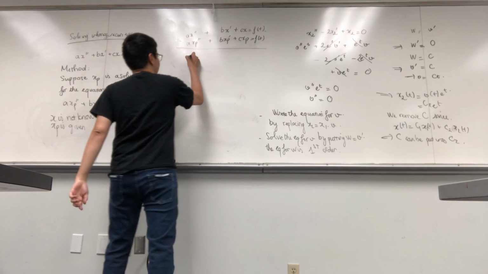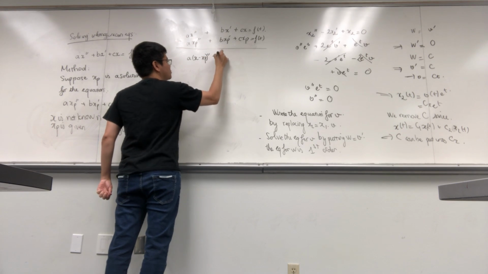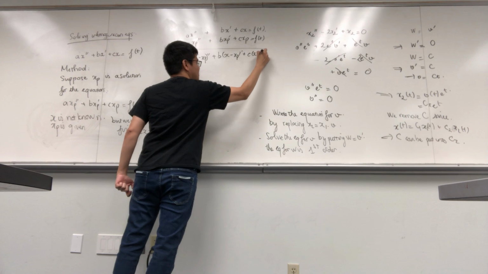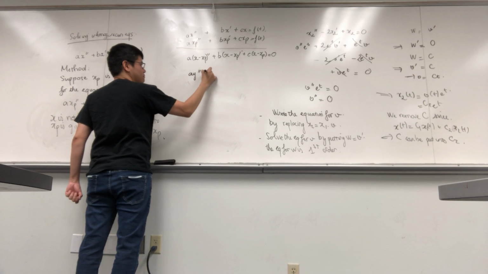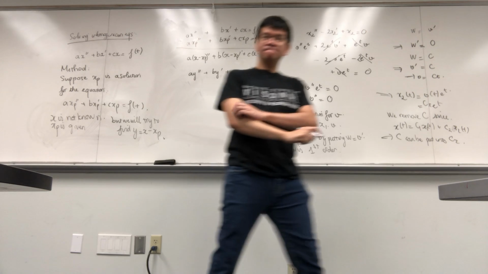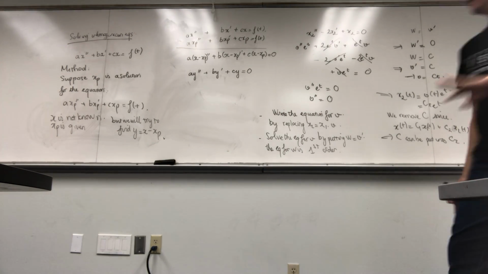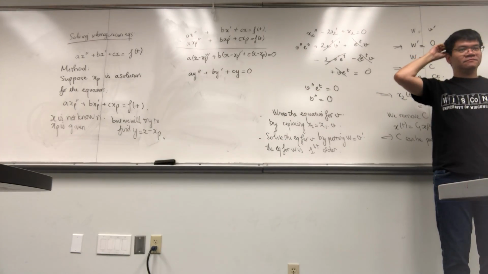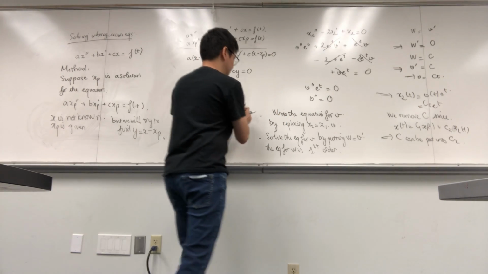So when you subtract the two equations, you get a (x minus xp) second plus b (x minus xp) prime plus c (x minus xp) equal to 0, right? So a y second plus b y prime plus c y is equal to 0, right? It's clear? Now, how do you solve this equation? Yes? Find the roots. Yes, can you hand in the back of the paper, please? Right?